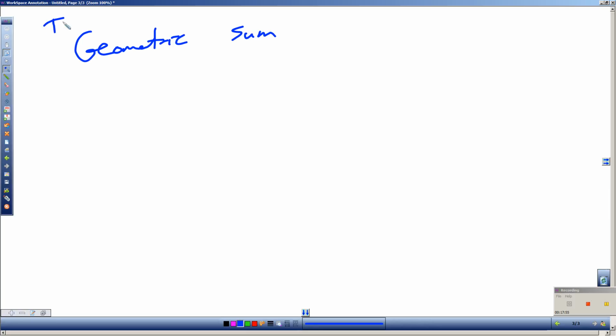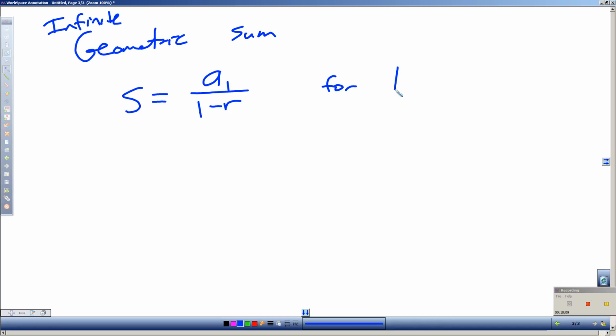Now, if you want an infinite geometric sum, S is equal to a1 over 1 minus r. In other words, if our common ratio is 1 or more, this won't work.